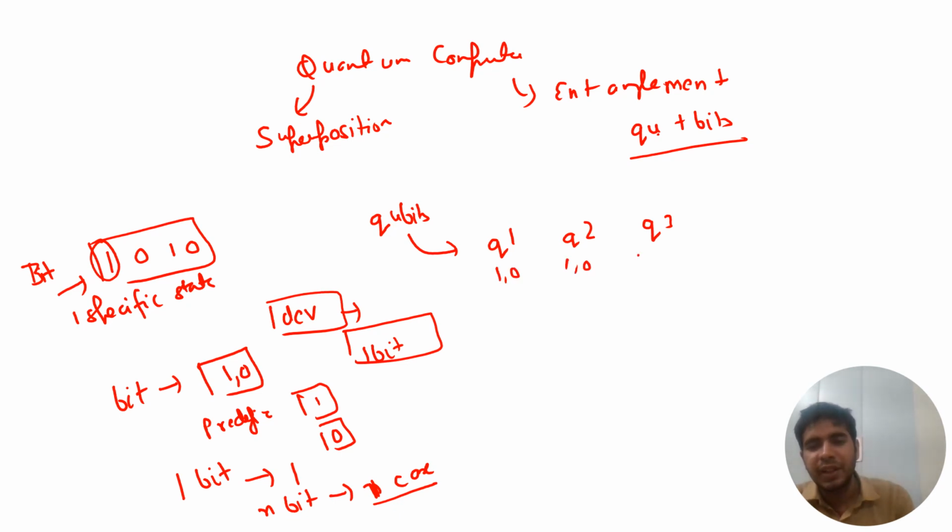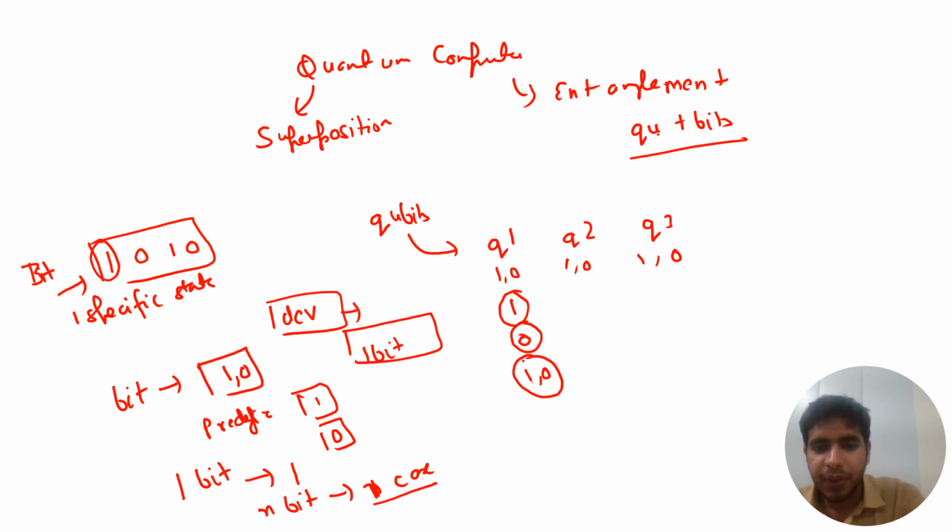It can be either 1, it can be 0, or it can be a combination of both 1 and 0. So it can be 1, it can be 0, or it can be 1 comma 0.